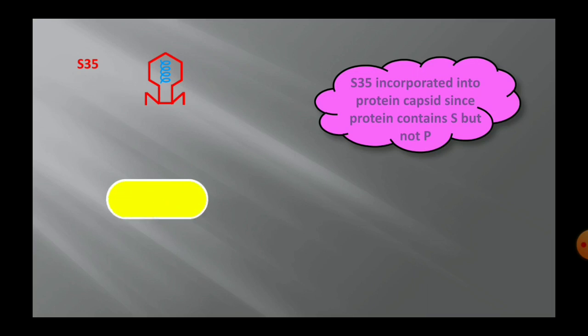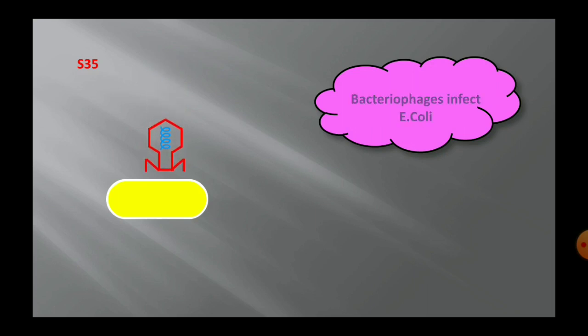Such radioactively labeled bacteriophages are allowed to infect E. coli cells. During the course of infection, what happens? The protein coat remains outside, whereas the viral DNA penetrates into the host cell.